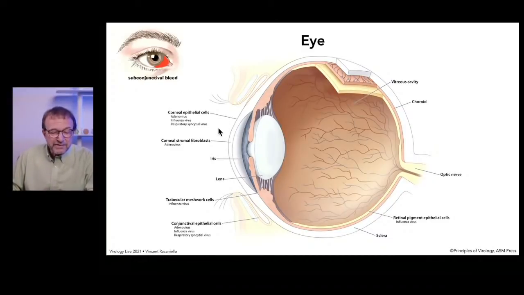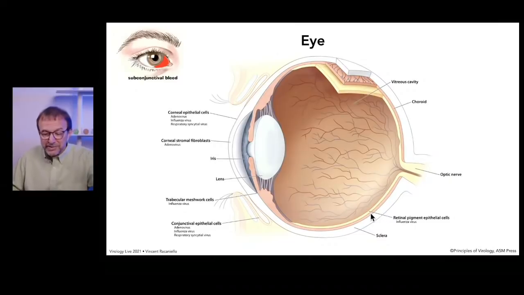Anyway, here's a schematic of the eye showing you the different cell types that can be infected with viruses. For example, the conjunctival epithelial cells is this very thin layer of cells that actually goes from beneath the eyelid over the front of the eye to the other eyelid. Those can be infected with viruses that you can see here. The corneal fibroblasts can be infected, either the stromal fibroblasts, that's the cells that make up the body of the cornea, or the epithelium covering the cornea can be infected.